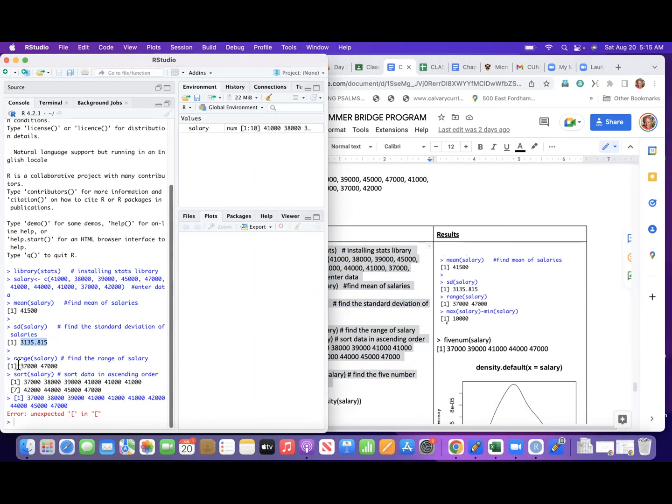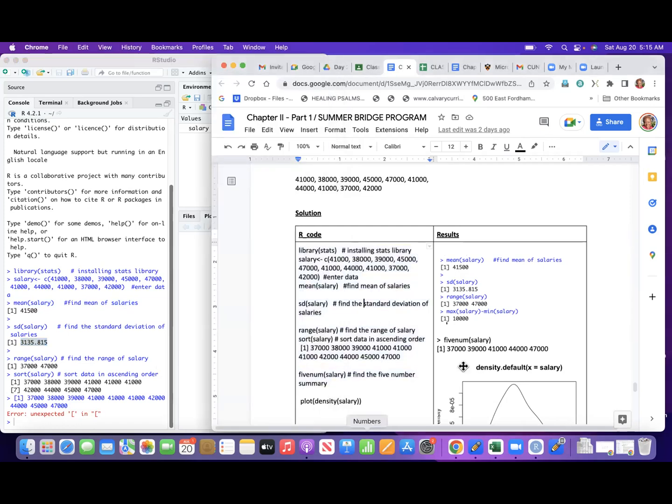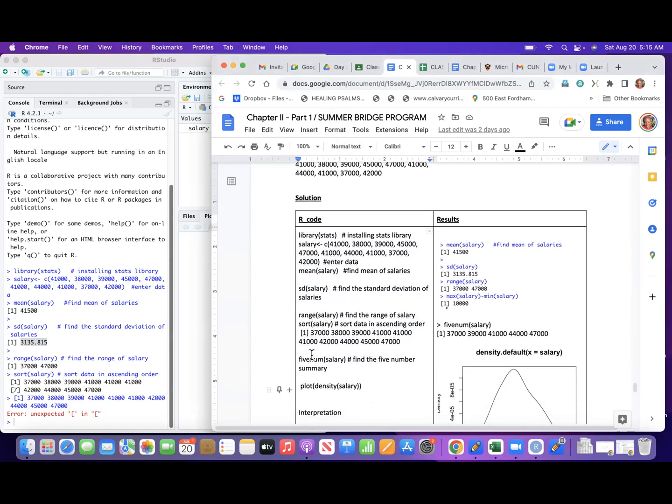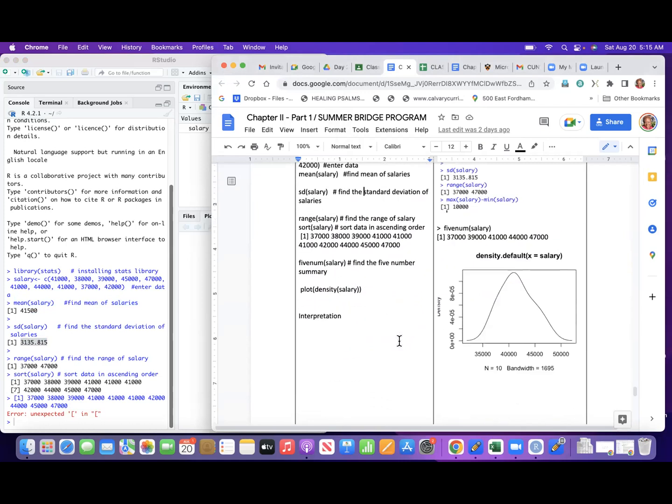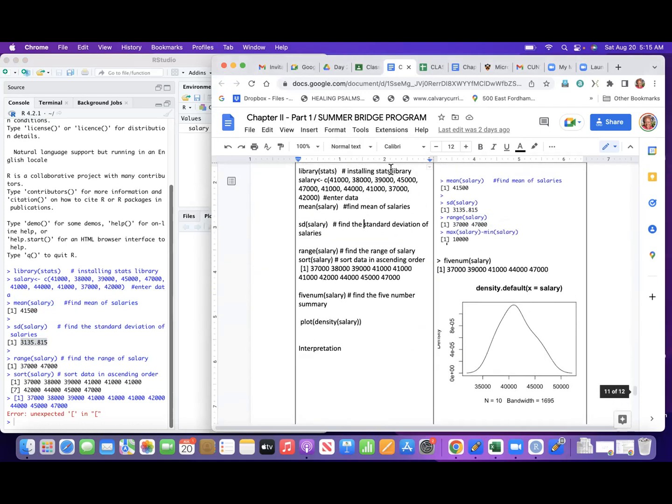The range, now remember, for you to find the range, your range is supposed to be the max minus the minimum. So here's what R gives you: 37,000 and 47,000. So literally your range is the subtraction of those two.